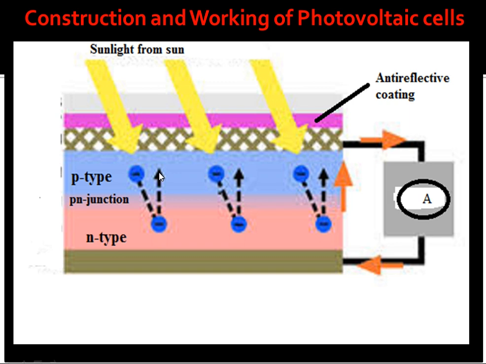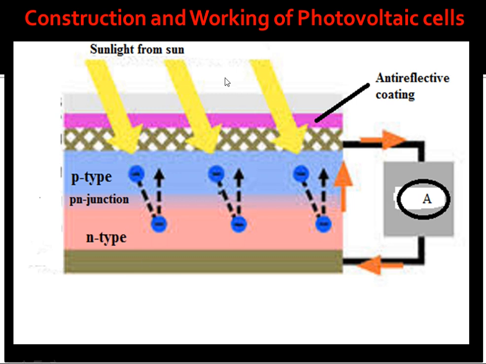These light stimulated electrons get some momentum and direction, and flow along a particular circuit. In the opposite direction, the current will flow. This is how sunlight is converted into electrical energy through a semiconductor cell or device.